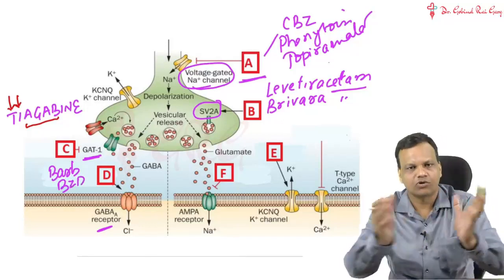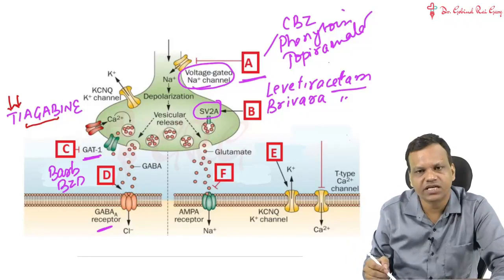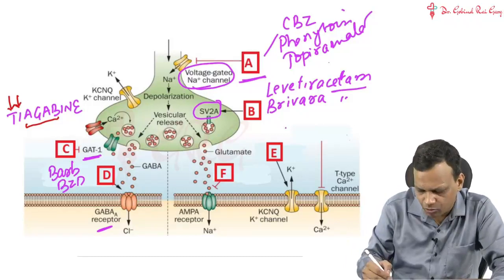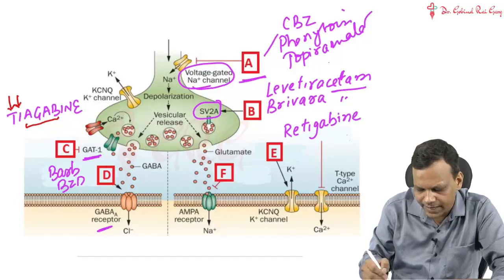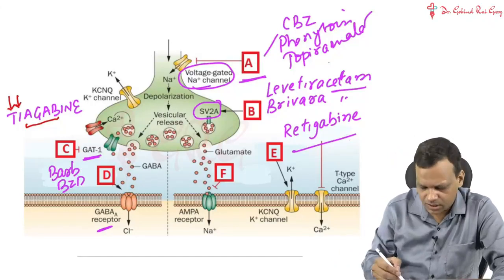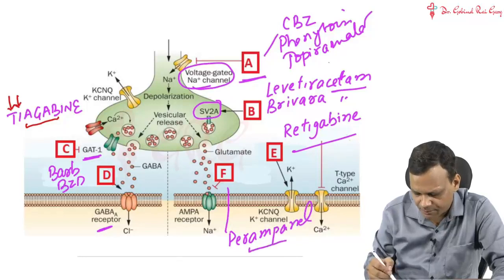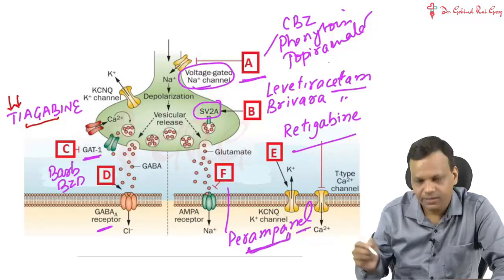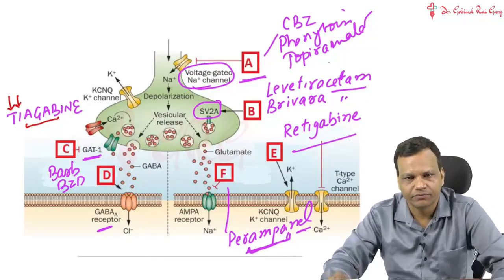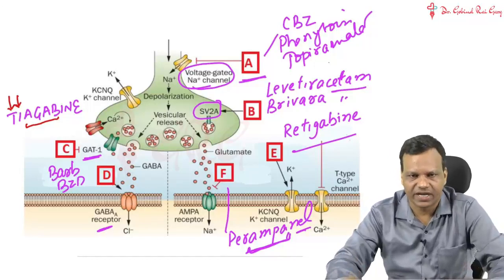They work through the GABA chloride channel complex. Then coming to E, potassium channel opener. The potassium channel opening drug is retigabine, it acts by opening the potassium channels. Then the AMPA blocker is perampanel. The name itself says AMPA, AMPA nil, perampanel. These are the important anti-epileptic drugs with their mechanism.